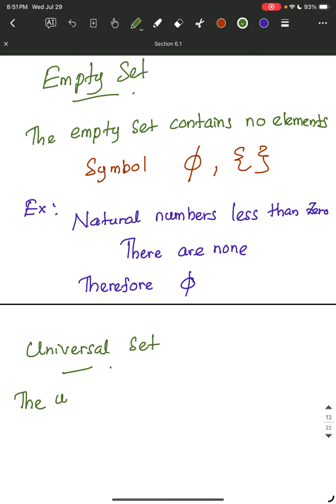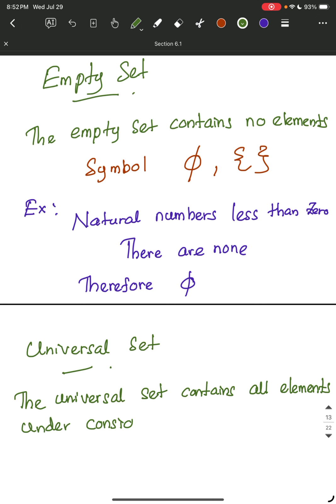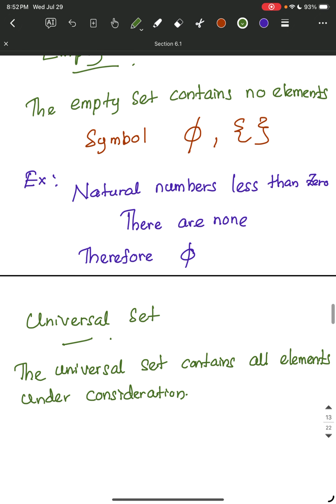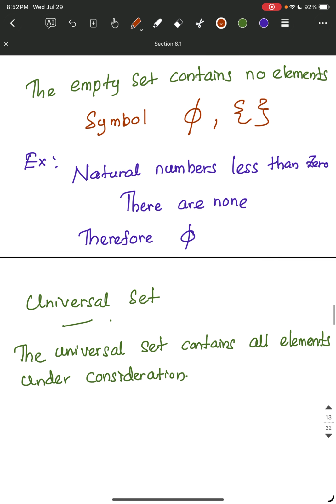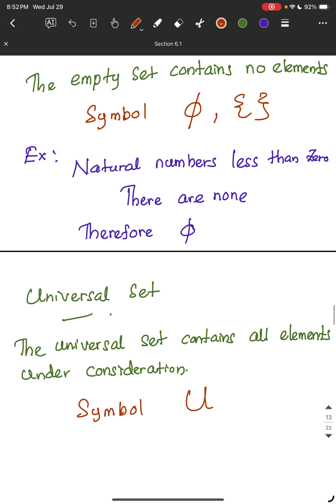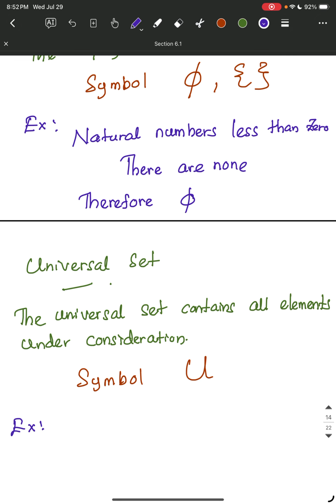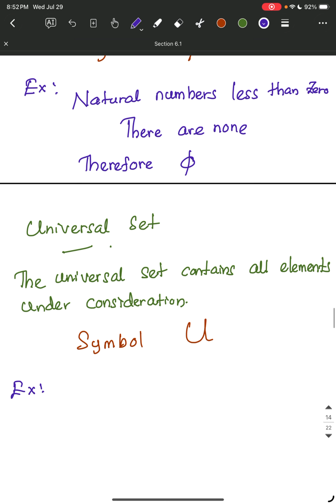The symbol we use for the universal set is the uppercase letter U. Example: the numbers from 1 through 10.